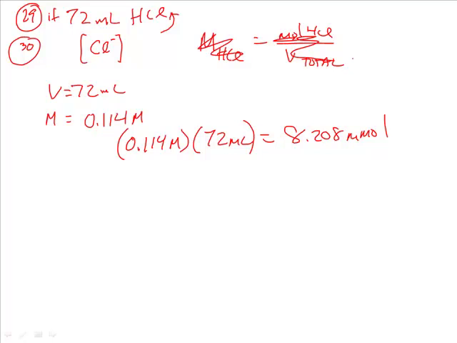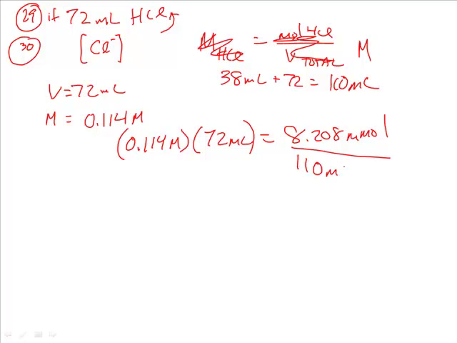And then we want molarity, so we have to divide by the total volume. The volume of the two solutions, you had 38 milliliters and the 72 milliliters. So 38 plus 72 gives us 110 milliliters.